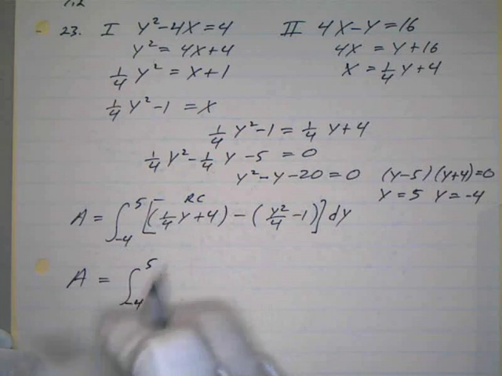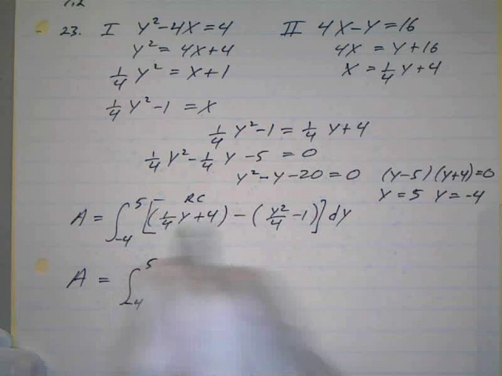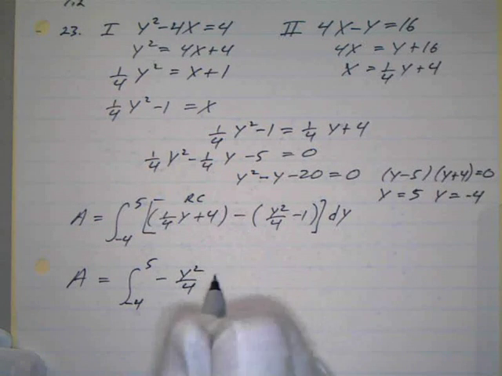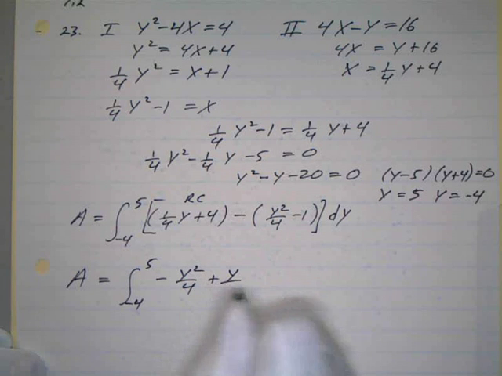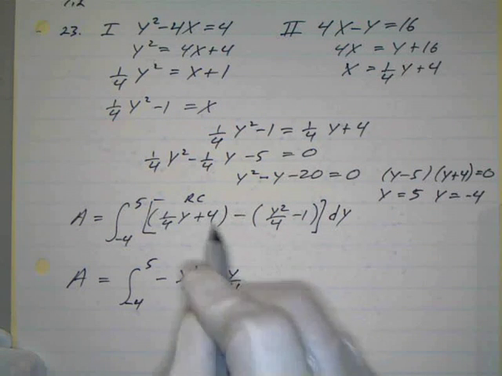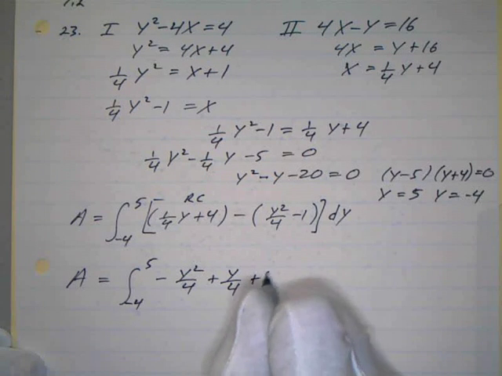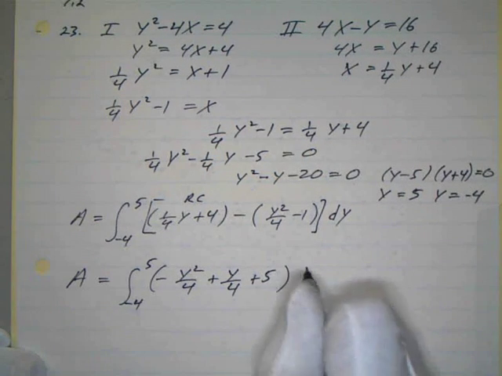So we can simplify that. We can combine our terms. We have negative y squared over 4, positive y over 4, and then 4 minus negative 1 is positive, so plus 5. That's all dy.